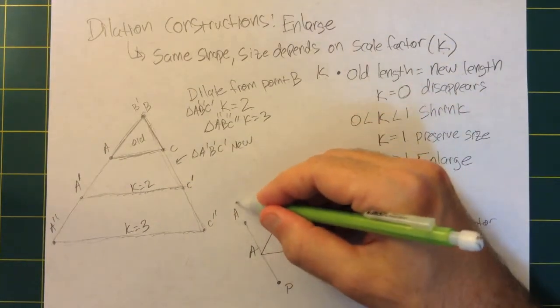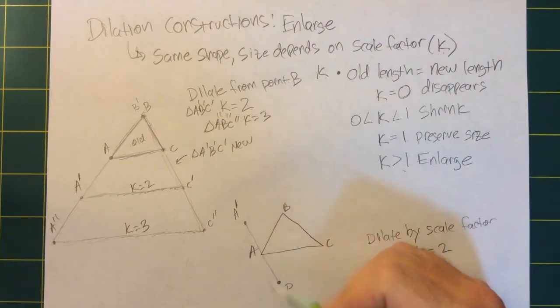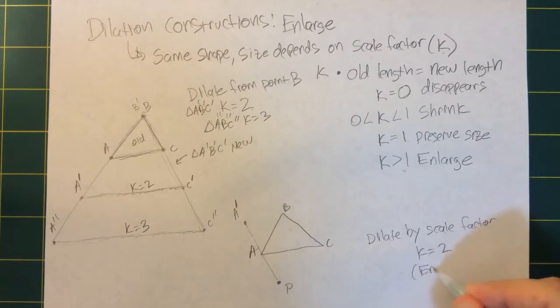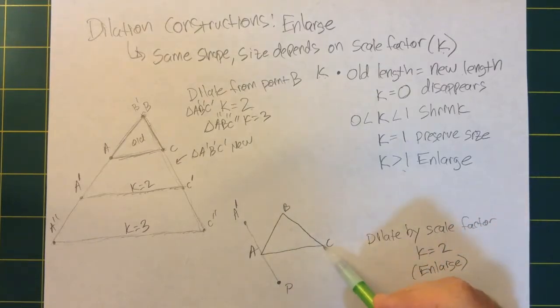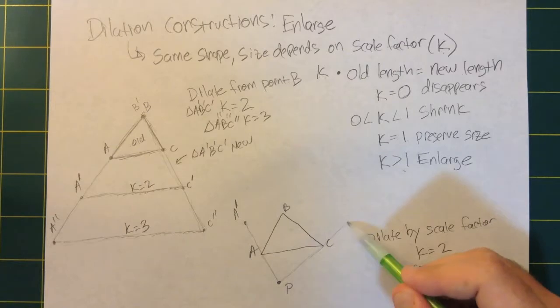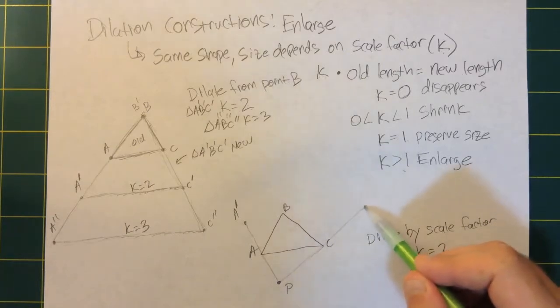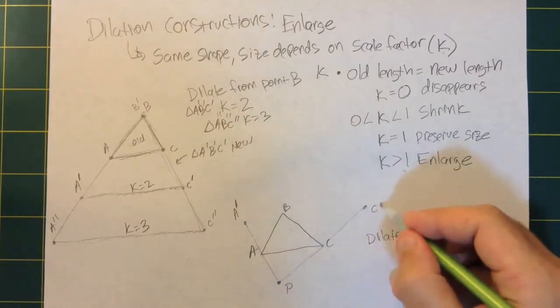And A prime will get pushed away out there, because when your scale factor is 2, you should expect to enlarge your shape. To go from P to C is some distance. When I scale it by a factor of 2, I double it. And it gets pushed out here.